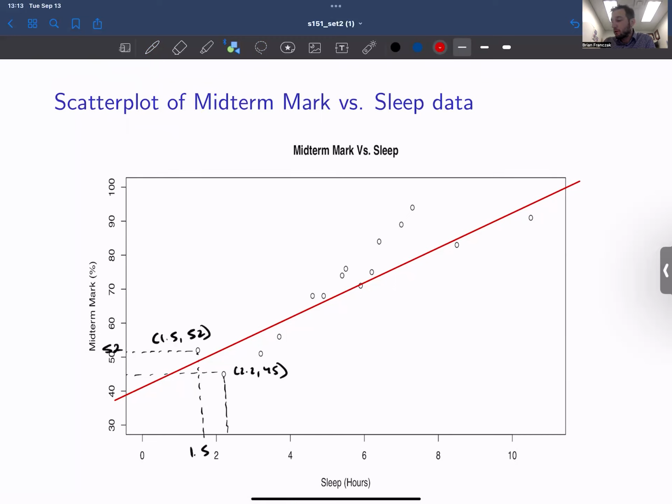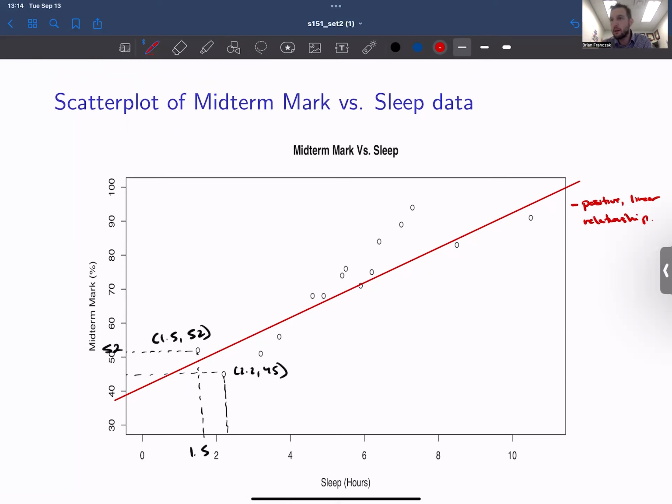If the midterm mark goes down as the number of hours of sleep goes down, that would be a negative relationship. So in this particular illustration, we have a positive linear relationship because these points do appear to follow that straight line relatively well.